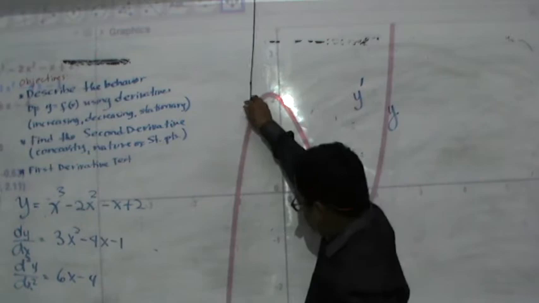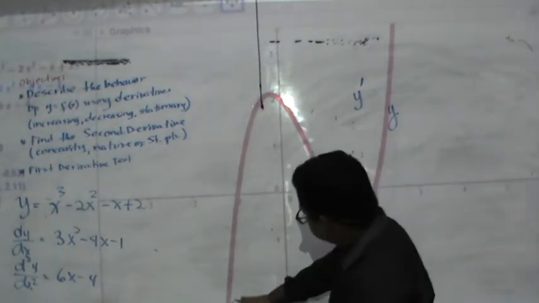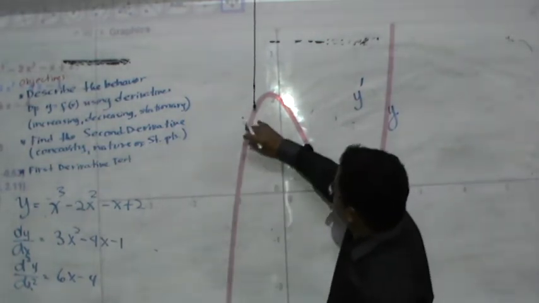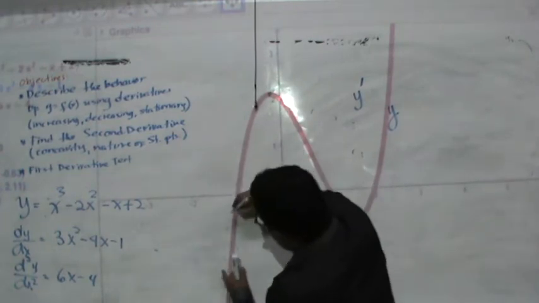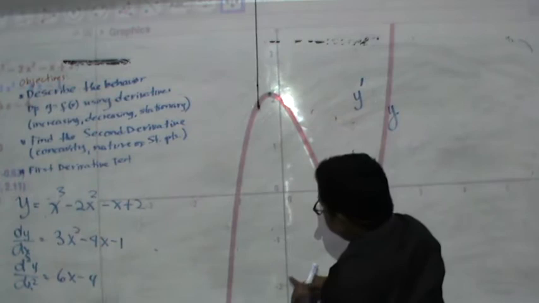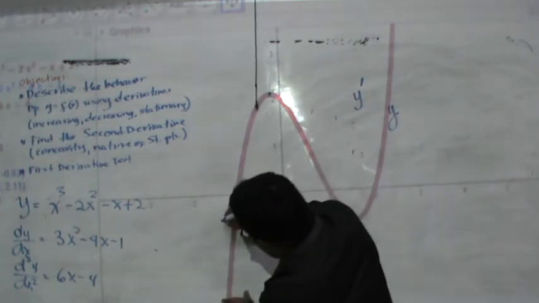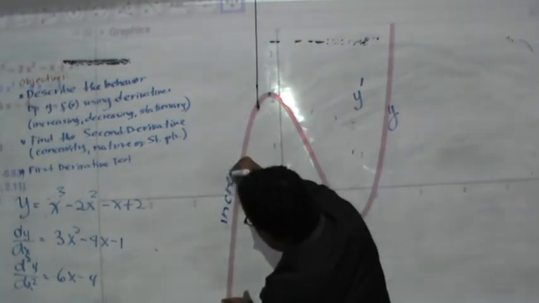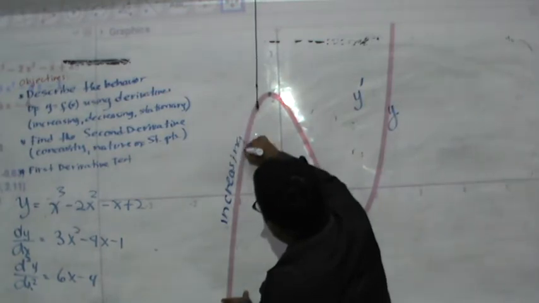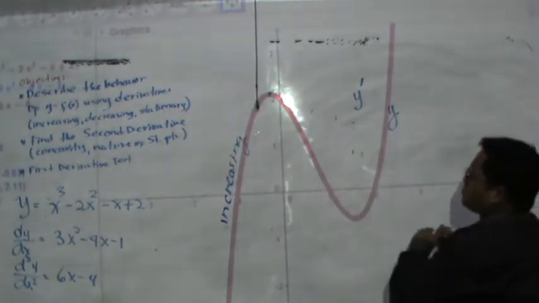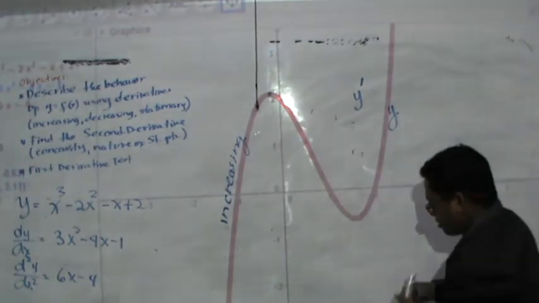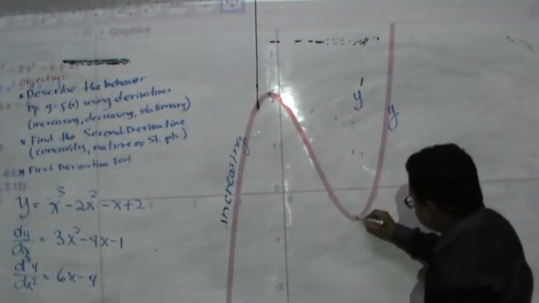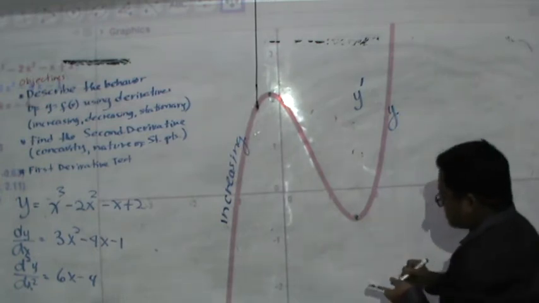From negative infinity up to this point here, as you can see, the curve is increasing. It is going up. While this portion, from this top one up to here, is decreasing.